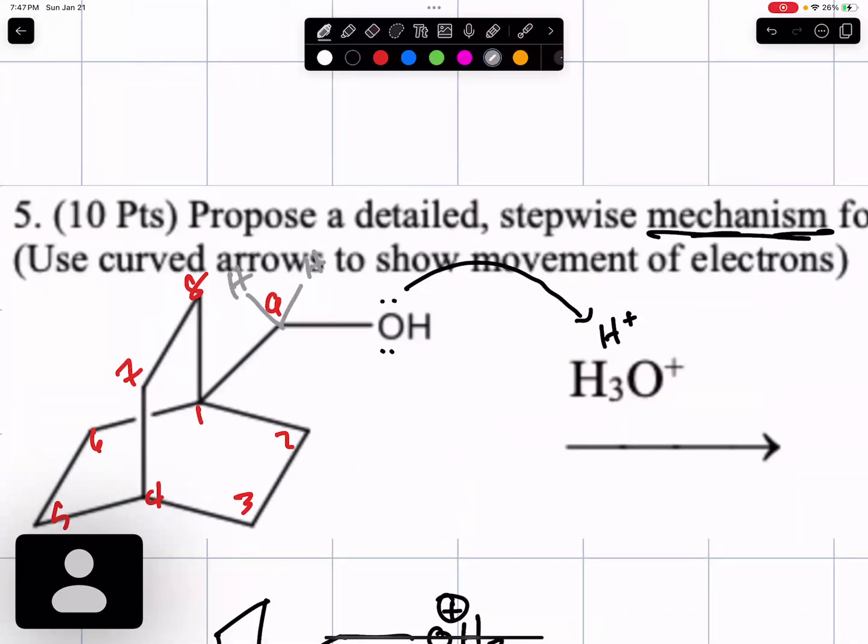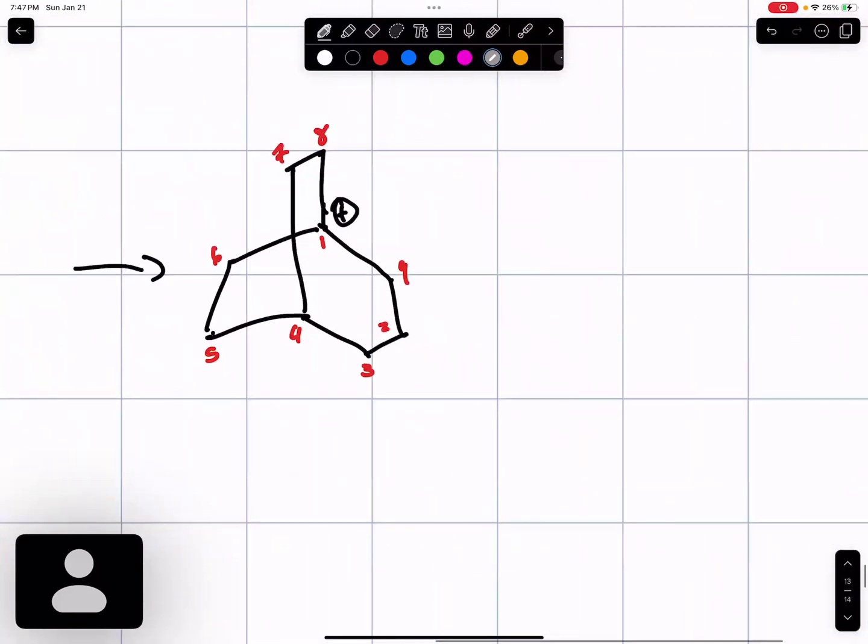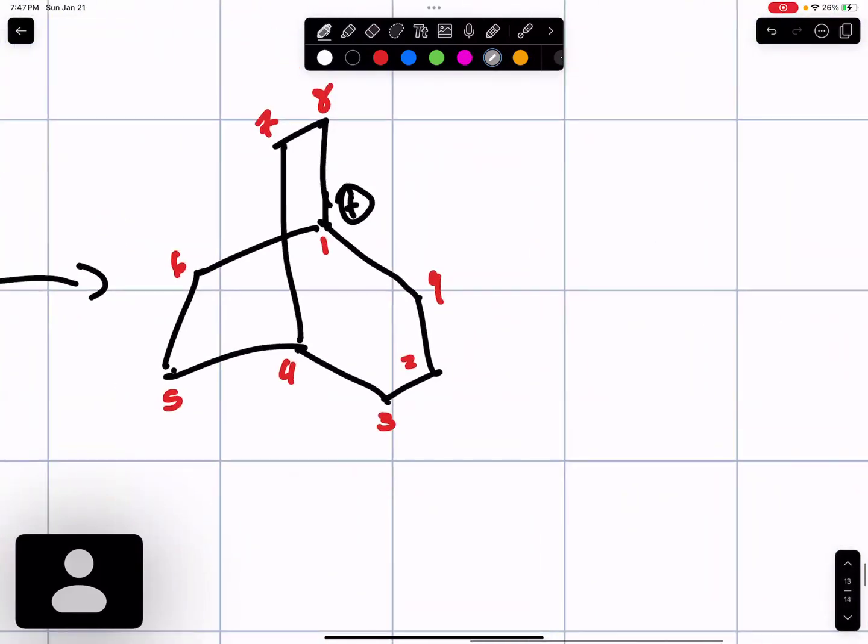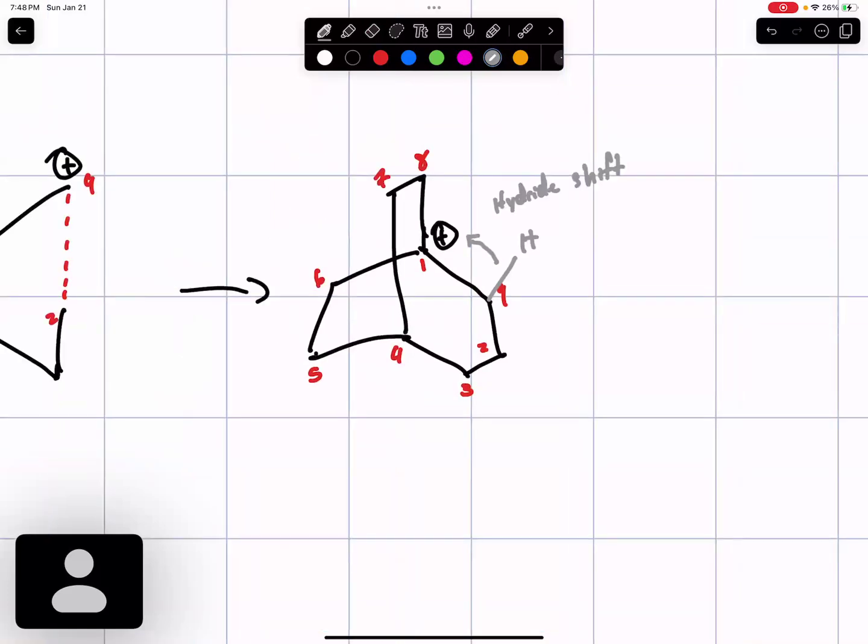It never lost those 2 hydrogens. So I can do a little hydride shift to be able to move that positive charge.